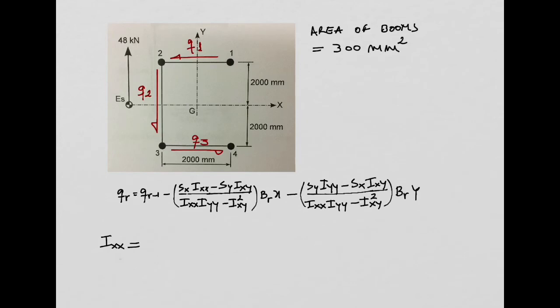I need to do a summation from i equal to 1 to n, where n is the number of booms. In this case, I have 4 booms. And I need to do a summation of the area of the boom, B_i, times the square of the distance of each boom to the neutral axis.